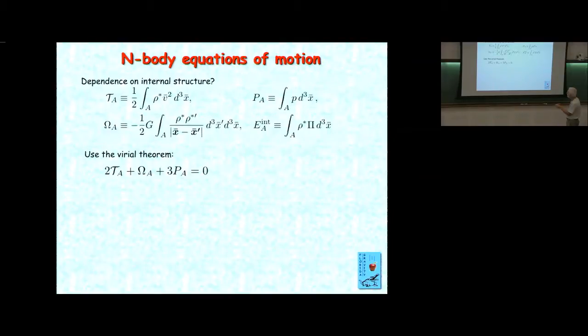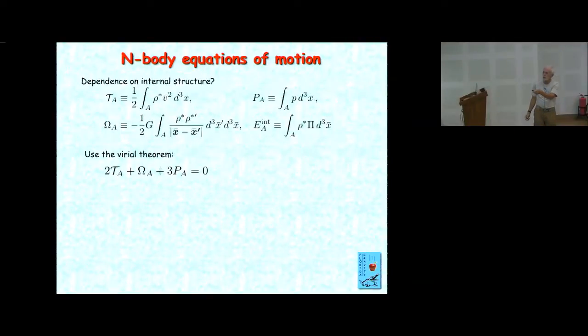So there's this internal gravitational energy. There are terms that involve just the integral of the pressure over the body and terms that involve the internal energy of the body. And these terms are all over the place. And you say, oh my God, what's going on? Especially since these terms blow up when the body gets smaller and smaller.